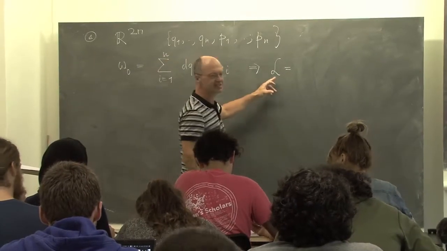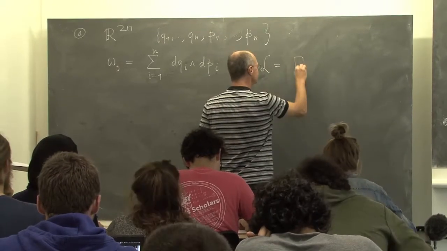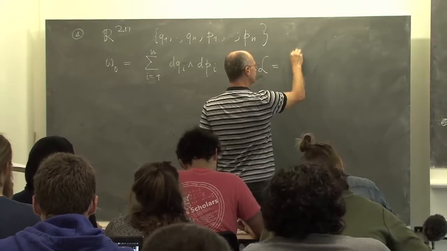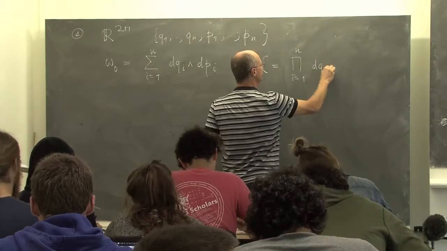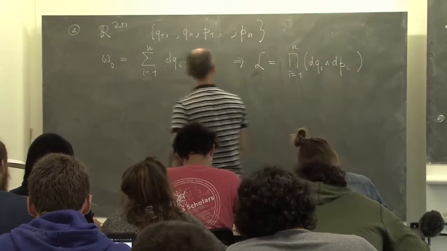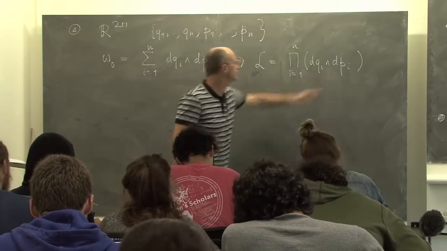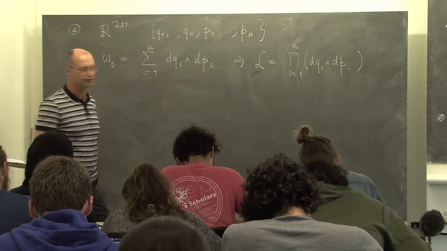Well, it's easy to calculate the Liouville form. The Liouville form will be just the product of these guys. So it's a volume form. It defines for you some particular orientation of this R^2n.